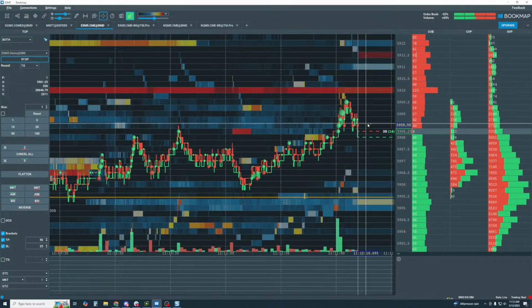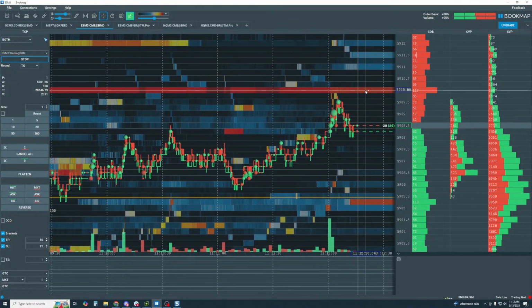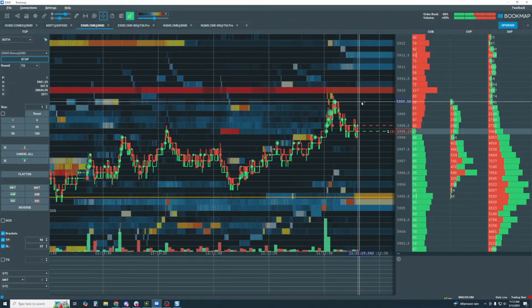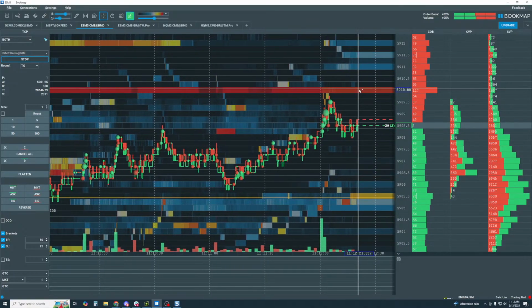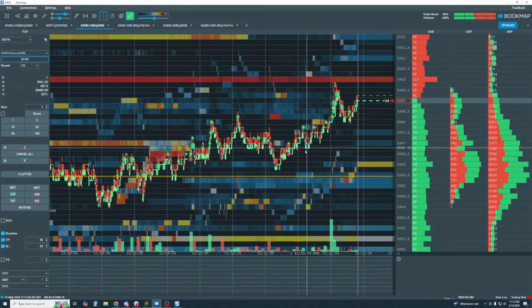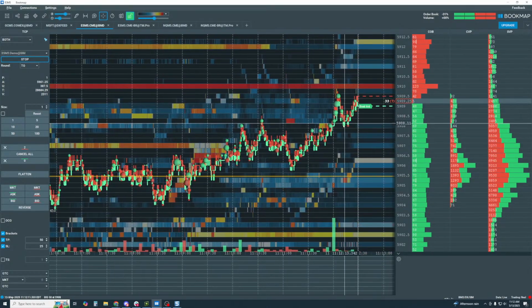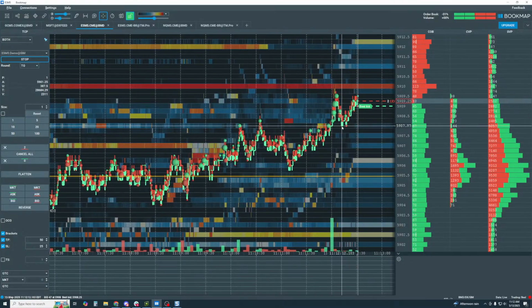There's your low volume pullback on a very small time frame. And then you look for it to come back up to 0950 or so, maybe 10. You can slice and dice it all sorts of ways.